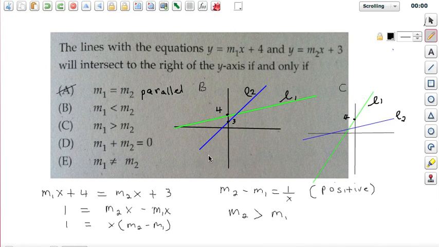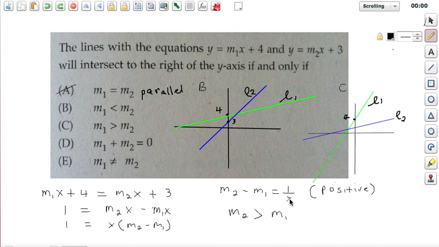You can also figure this out algebraically. Where the two lines intersect, you can set the two equations equal to each other and try to solve for x as best as you can. There are too many variables here, I know, but if you figure out m2x minus m1x and then factor the x out, you'll end up with the difference between the slopes equal to 1 over x.